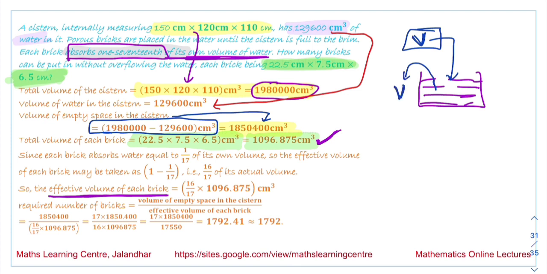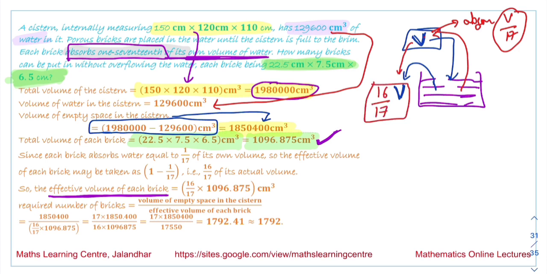But it is given that the brick absorbs 1/17 portion of the water. V/17th portion it absorbs. So what is the effective volume of this brick? It is 16/17 times V.